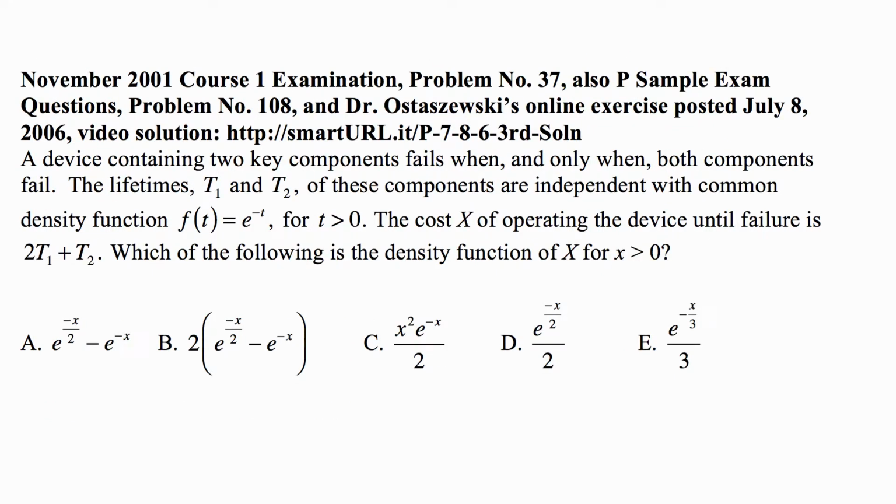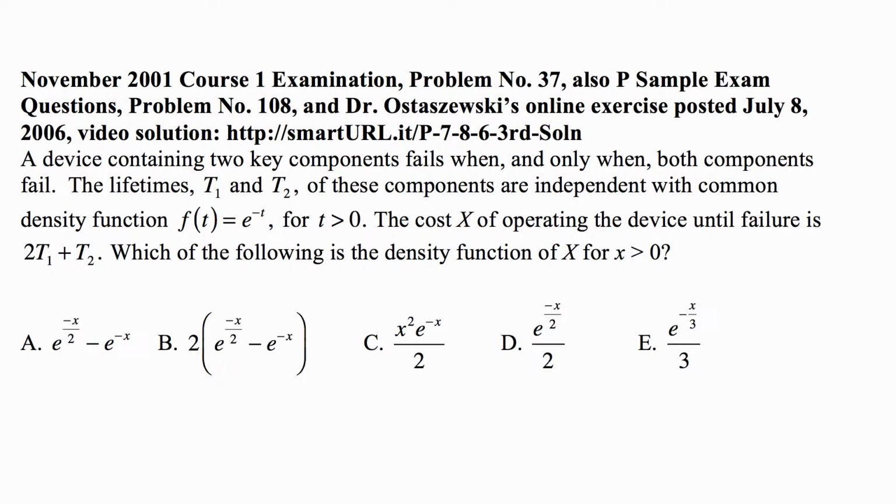So this will be the third method of solution using multivariate transformation of the problem I posted on April 10th. It was also posted as an online exercise July 8, 2006. It's for exam P on probability. A device containing two key components fails when and only when both components fail.